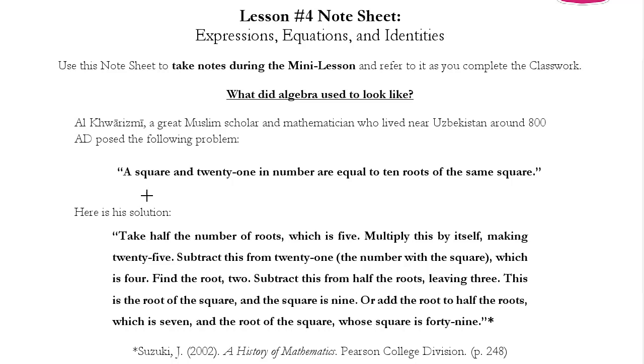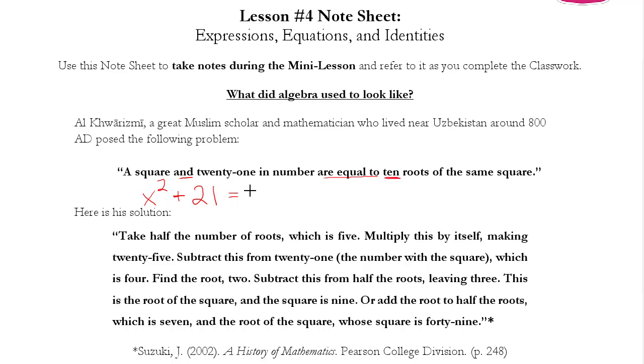A square, let's say a square is x squared, right? And "and" is just addition. 21 in numbers, so the number 21, are equal to, well, that's a pretty clear way we can translate that.